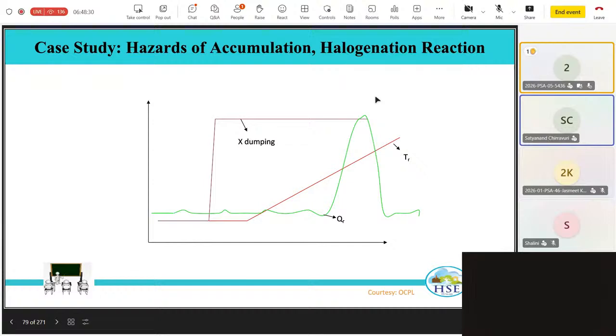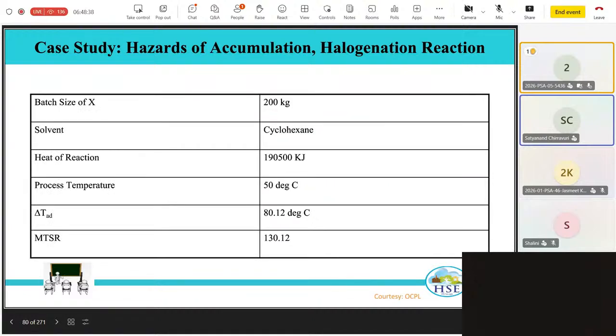But are you checking whether you have enough utility? Are you checking the right utility with you? Are you checking whether you have surface area? No, that's a problem. If you don't do this, it is actually going to be dangerous. I'll tell you exactly the situation, the hazards. So the batch size was 200 kg. The solvent was cyclohexane.